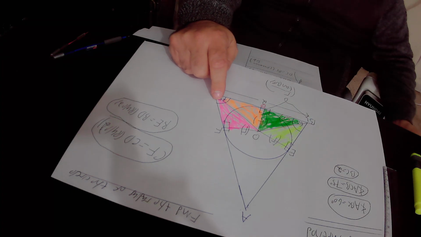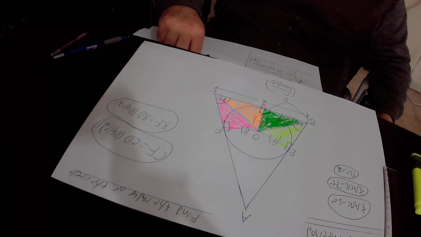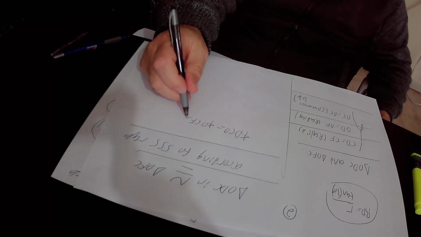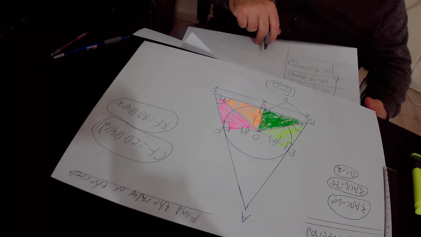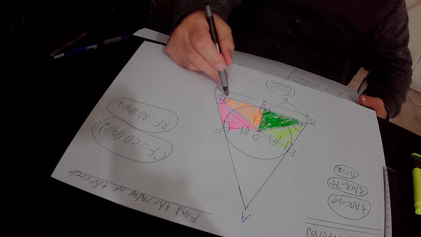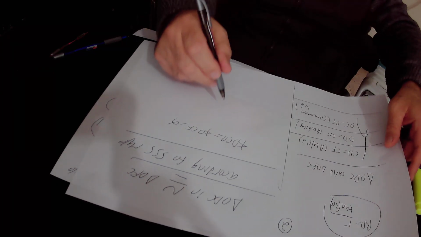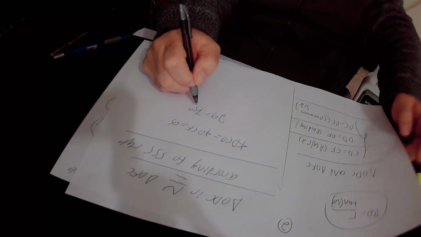If we define one angle as alpha, then the other angle must also be equal to alpha. So here alpha plus alpha equals 75 degrees according to what is given in the question. That is to say, 2 alpha equals 75 degrees.